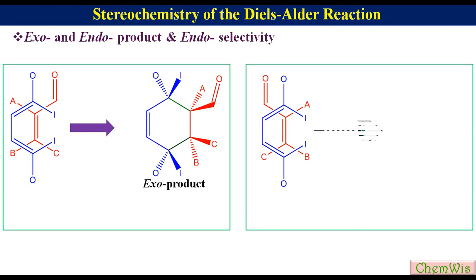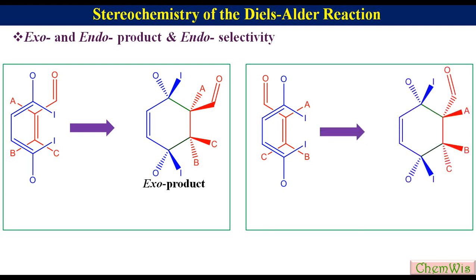If we view from this side, the product will look like this. This is another diastereomer in which we can see that the outer group and pi bond containing group, which is CHO, are cis to each other. This is called endoproduct.